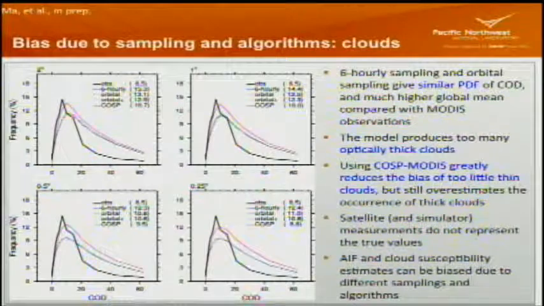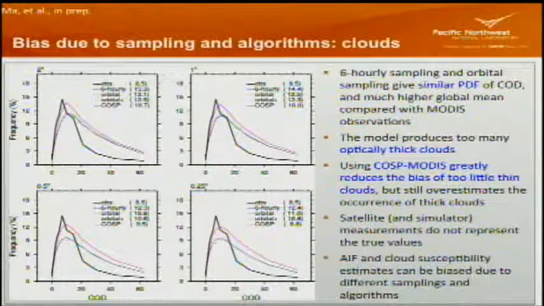And what about clouds? I was actually pretty surprised that with cloud sampling, and this is the PDF of cloud optical depth, the sampling strategies of 6 hourly samples, orbital sampling and orbital plus sampling basically give you very similar PDFs.